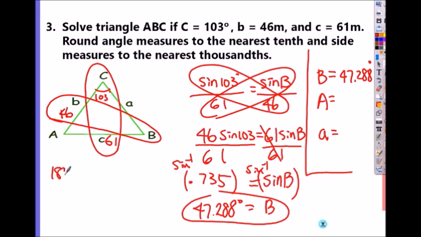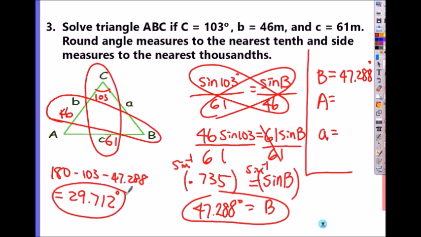So 180 minus 103 minus your B, 47.288, to get your angle A, which is, what do you guys get? 29.712 degrees. Yes, that's angle A. Then what would you do to find the length A?